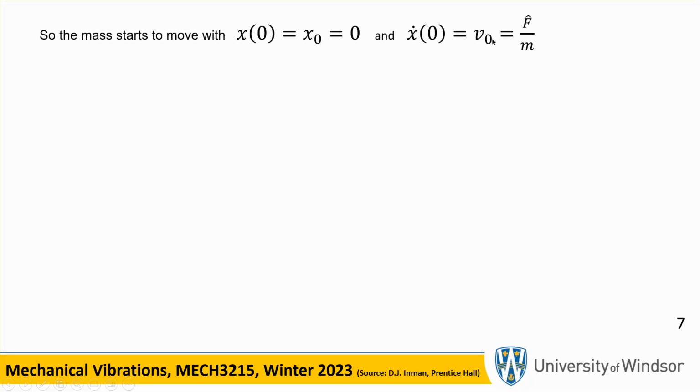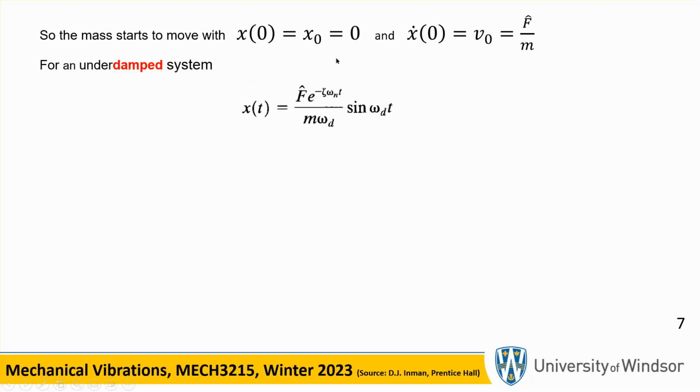There's going to be a V naught that is alive. It's not 0 anymore. It's F hat over m. Remember, the harder you hit it, the taller the force curve and the bigger the F hat, and the bigger the velocity. That's obvious, common sense.